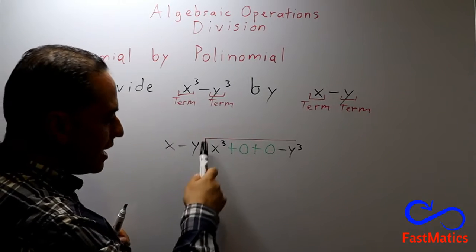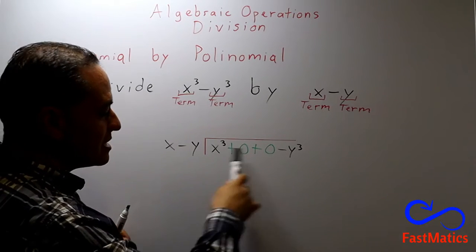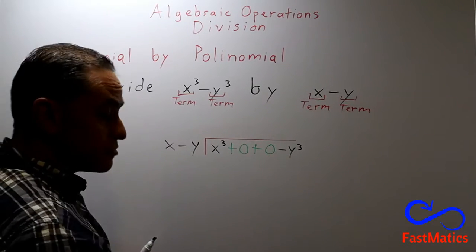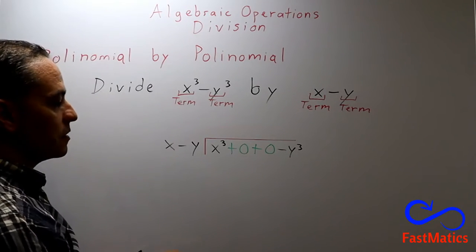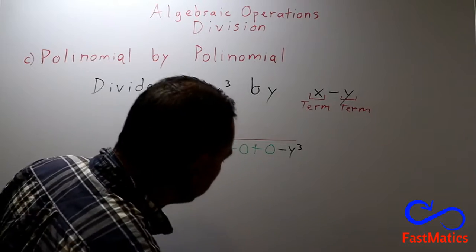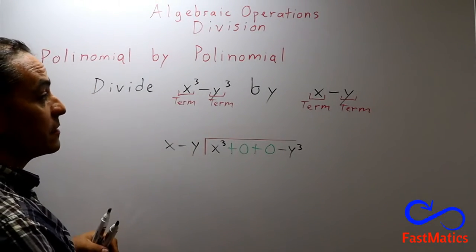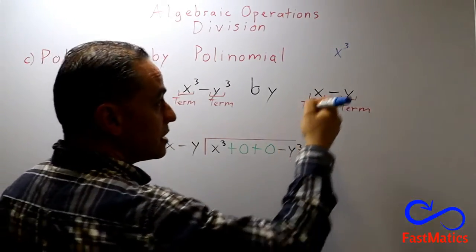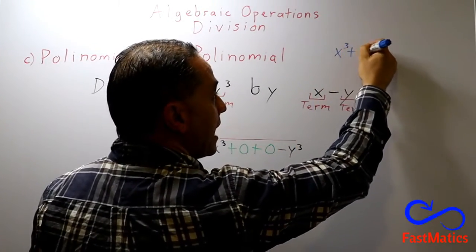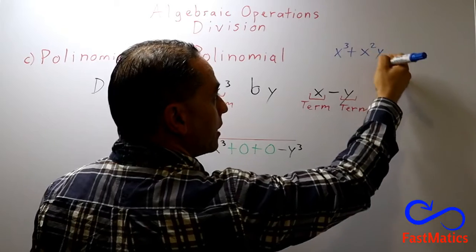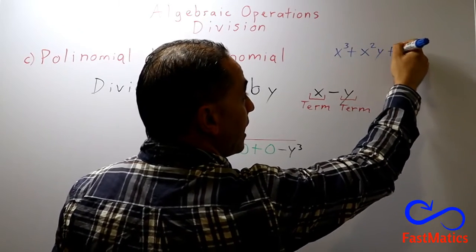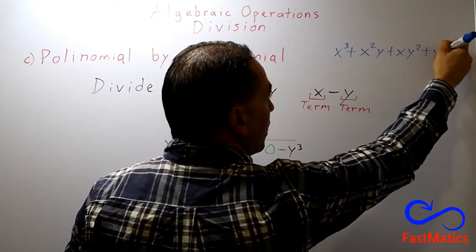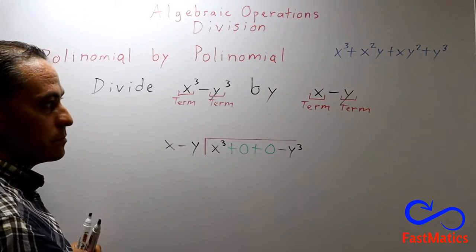But why am I putting this thing like it is written? Well, first of all, I must tell you that normally if you have x cubed, after that you should put x squared y, and after that x y squared, and after that y cubed.